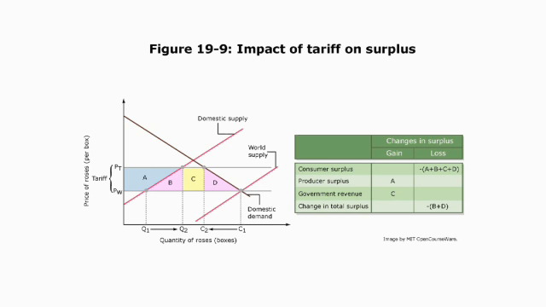So on net, society as a whole is worse off by B plus D. Consumers have lost the entire A plus B plus C plus D. Producers got some of that, the government got some of that, but some of it is deadweight loss: trades that would have made consumers better off and worldwide producers better off that are not happening. Okay? So this tariff had its effect.